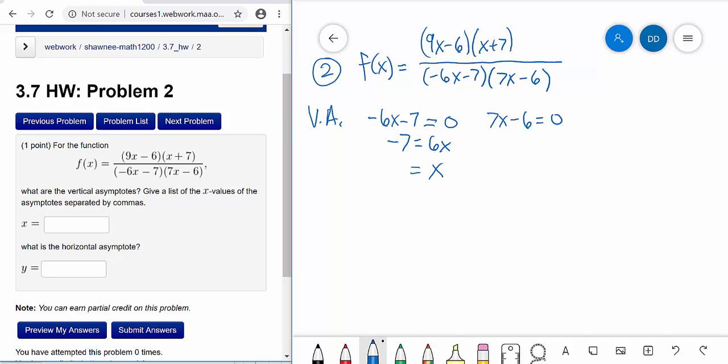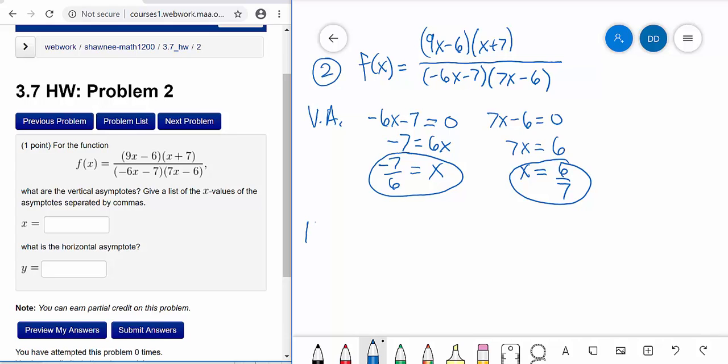Dividing both sides by 6, we get negative 7/6. That's one vertical asymptote. And then adding 6 to both sides in this equation, we get 7x equals 6. Dividing by 7, we get x equals 6/7. So these are the two vertical asymptotes that occur when the denominator equals 0. So these are vertical lines where the graph kind of blows up and goes up or down.